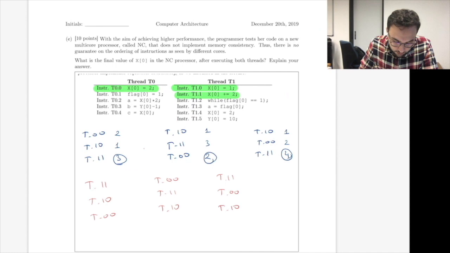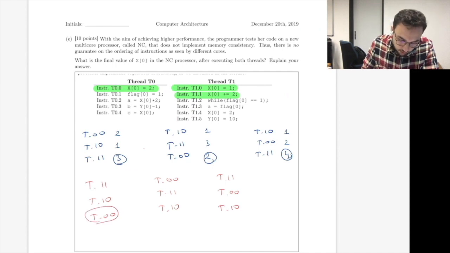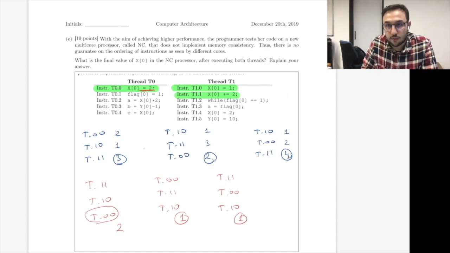The first sequence ends with T00, which makes x0 equal to 2. So this result is 2. Here it ends with T10, meaning that x0 can get the value of 1. And this ends with T10, meaning that it can get the value of 1 at the end. Therefore, all possible values that x0 can get in this question are 1, 2, 3, and 4. And that's the end of the question.